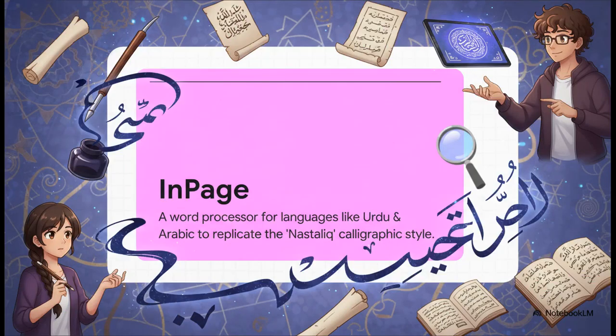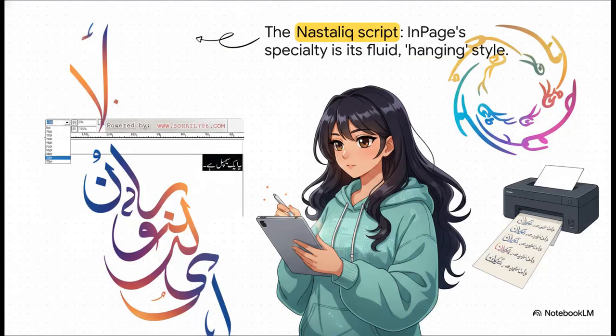Okay, so InPage is way more than just a typical word processor. It was built way back in 1994 with a really specific mission: to digitally recreate the gorgeous, flowing calligraphy you see in languages like Urdu and Persian. The goal was to stay totally faithful to that original handwritten art form. And just look at this. This is what makes it so special.